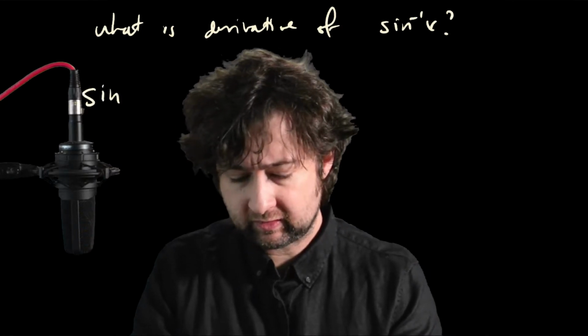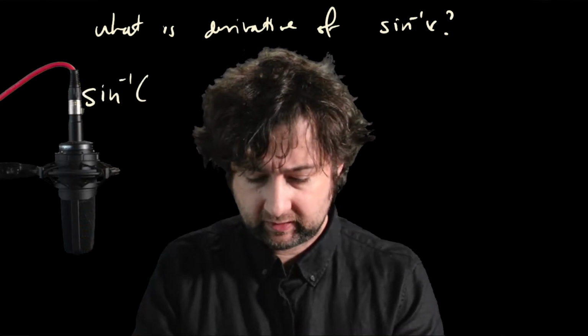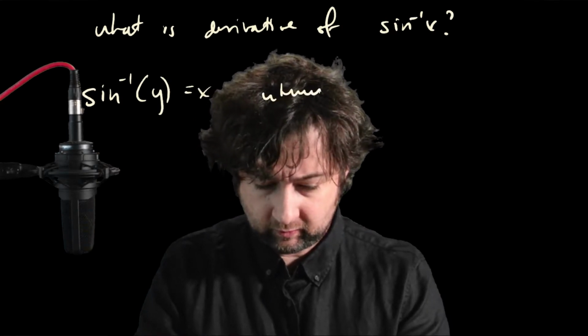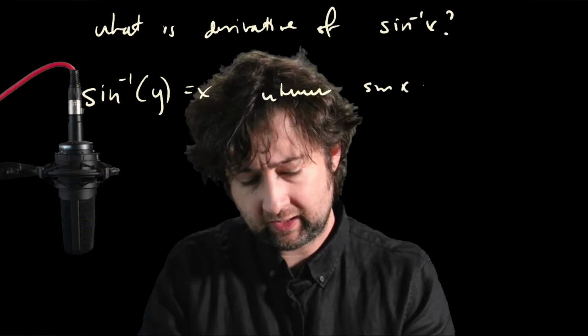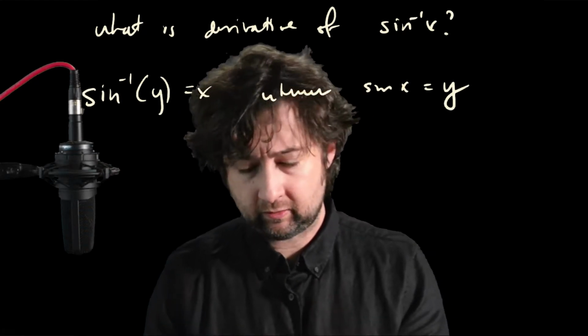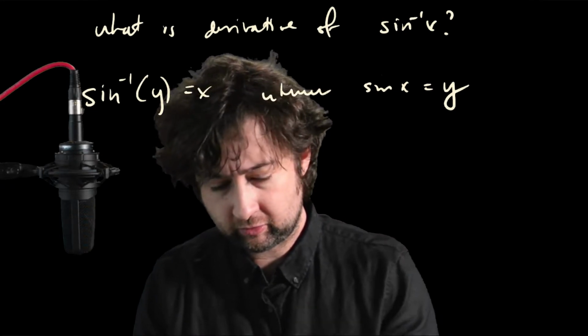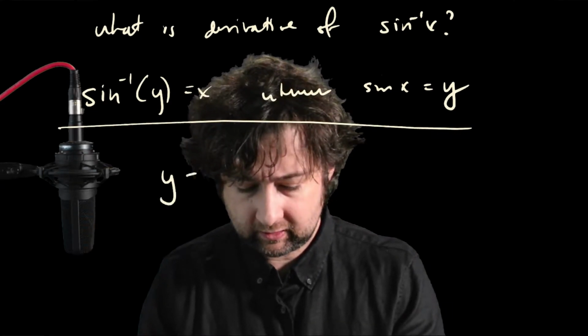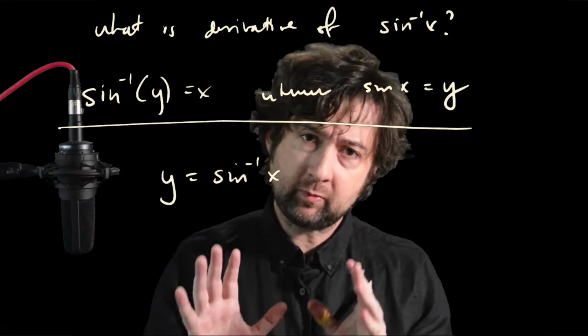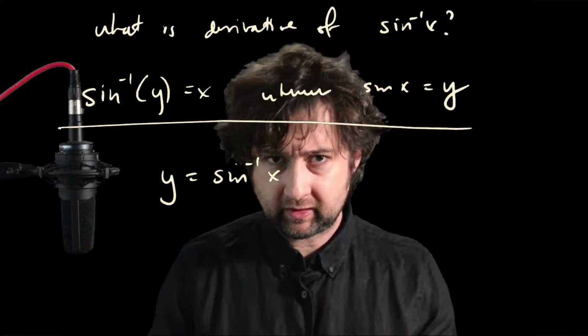So remember that the inverse sine of y is equal to x whenever the sine of x is equal to y. So let's write down the functional equation. y is equal to the inverse sine of x. Now I can apply the sine to both sides of this thing.